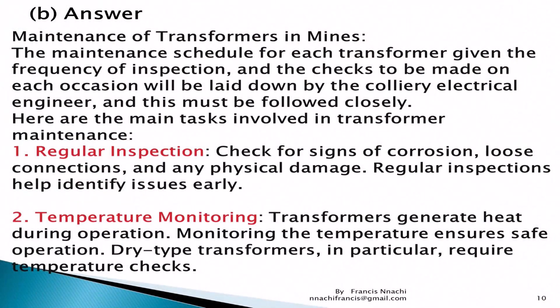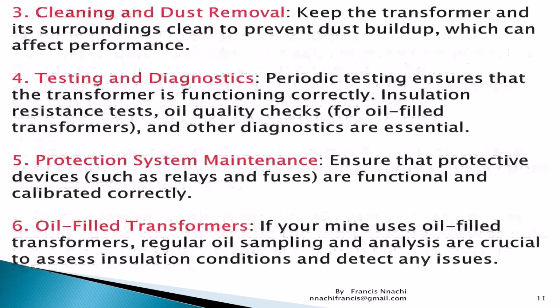So you just need to go to the transformer temperature gauge, all right, and check and make sure that this transformer is not heated up. Now, cleaning. Remember, this is a coal area, so cleaning and dust removal. You must keep the transformers and its surroundings clean to prevent dust buildup, which can affect performance.